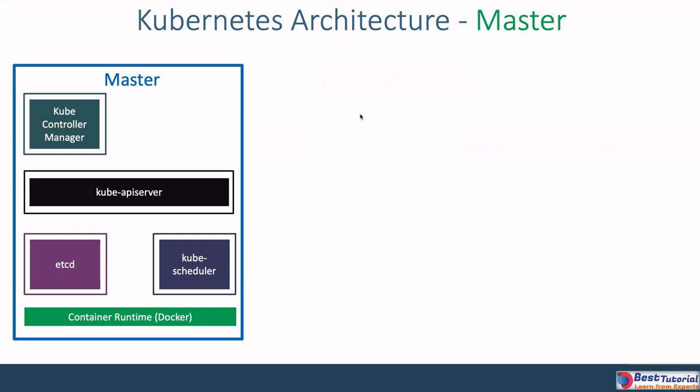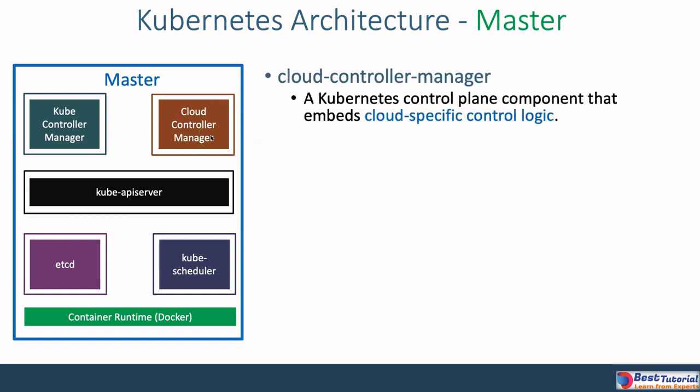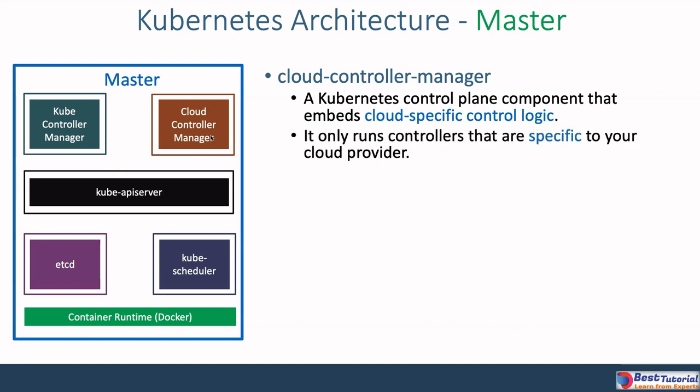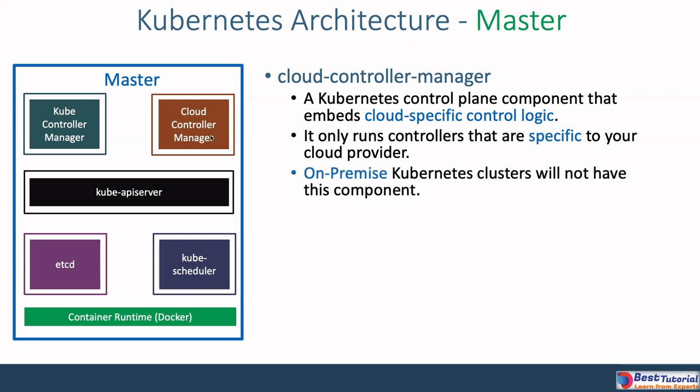And next, we'll have one more in the master nodes, which is the cloud controller manager. This component embeds cloud-specific control logic, so it is mainly for the cloud-related architecture of Kubernetes. It only runs controllers that are specific to the respective cloud provider. So on-premise Kubernetes clusters will not have this component.